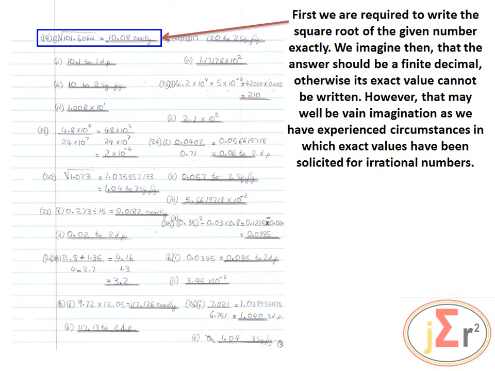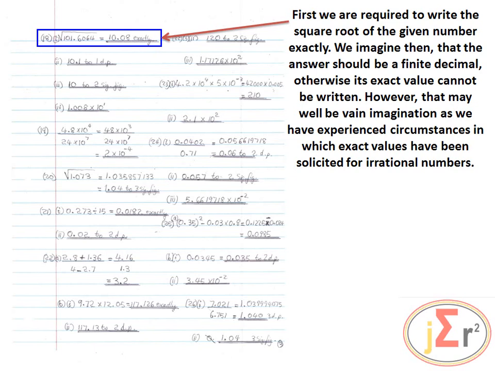First, we are required to write the square root of the given number exactly. We imagine then that the answer should be a finite decimal, something that can be written exactly. Otherwise, its exact value cannot be written.